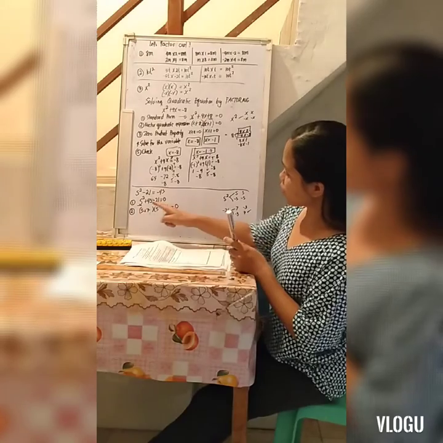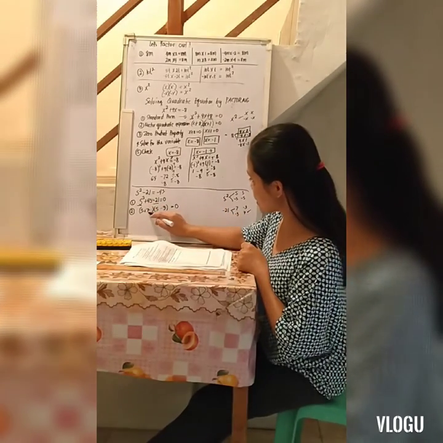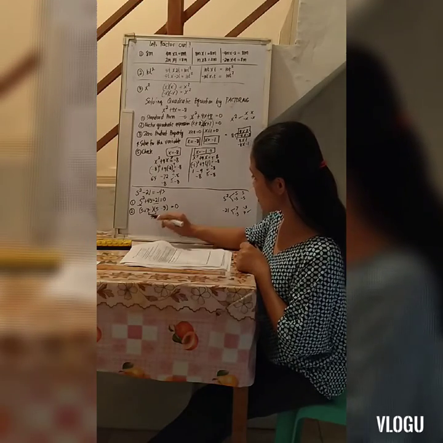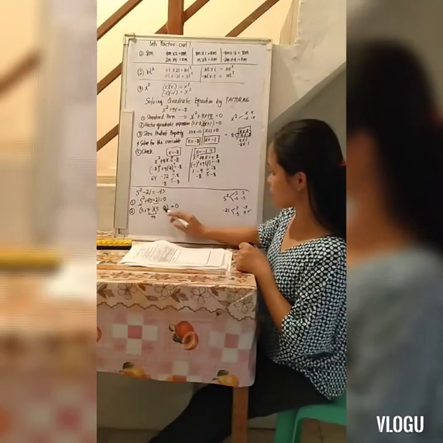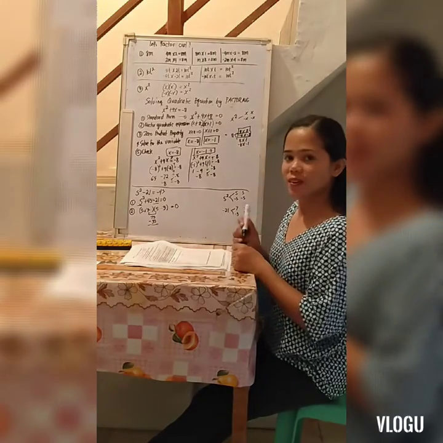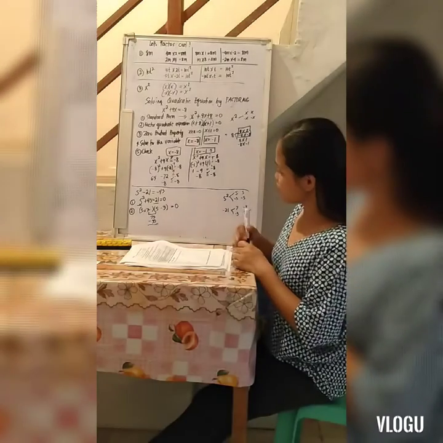So our goal is to get 4s. Let's see if we can get 4s. 7 times s, that is 7s. S times negative 3, that is negative 3s. So I guess we're lucky with our first try.